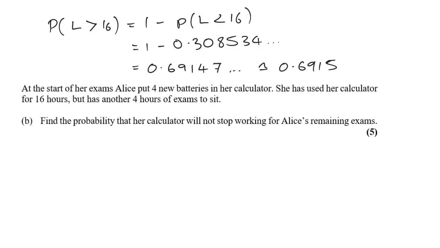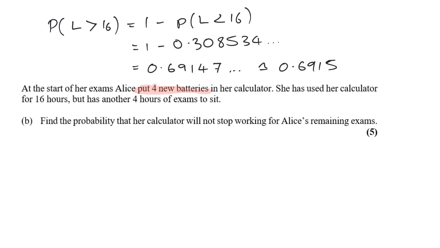At the start of the exams, Alice put 4 new batteries into her calculator. She's already used it for 16 hours, but has another 4 hours to sit. So, find the probability that her calculator will not stop working.